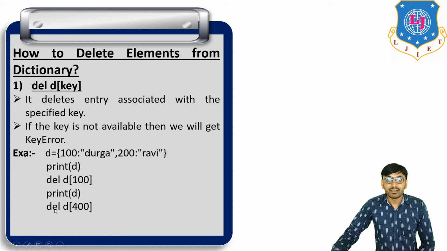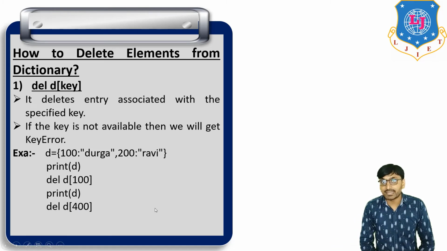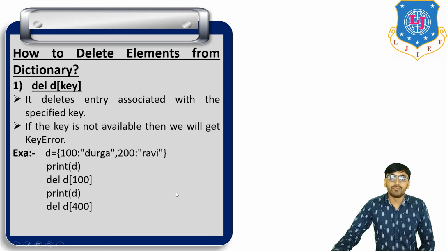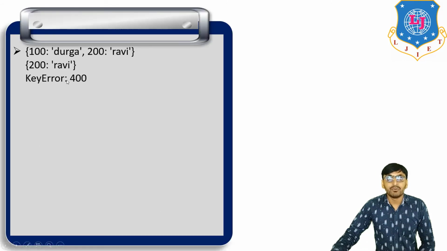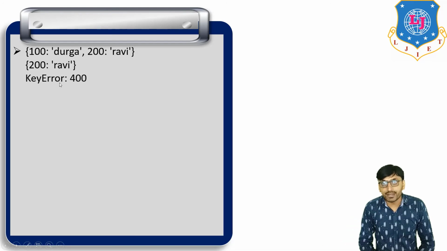Then del D of 400, but the 400 key is not available in the dictionary, so we will get a key error. If we run this program, we first get the simple dictionary, then the 100 key value pair is removed, so we get 200 Ravi only, and then we get a key error because 400 is not available in the dictionary.